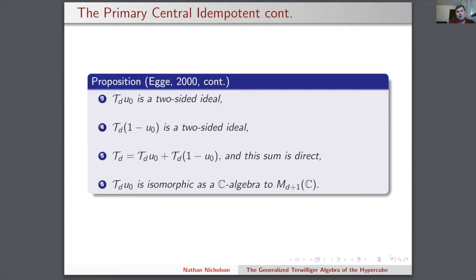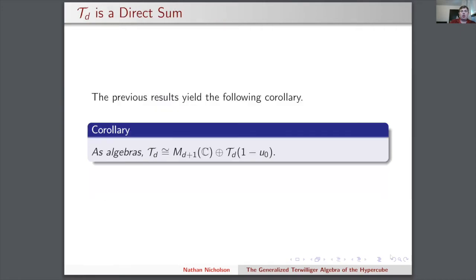And then 6 tells us that one of those summands is isomorphic to one of the summands that we're looking for, specifically the largest summand, M_{D+1}. And so if you take 5 and 6 and combine them, you just get this corollary. TD is isomorphic to M_{D+1}(C) direct sum TD(1 minus U naught). And so this is immediately a step in the direction of what we want to show.